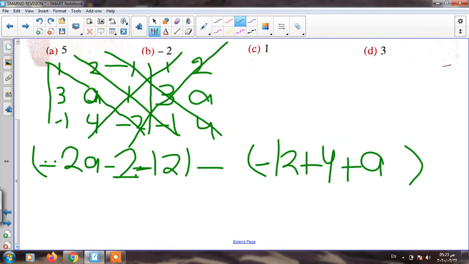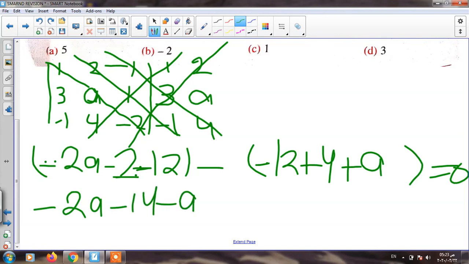So all of this equals 0. He gave it to me in the question. So here we have -2A minus 14, and here minus A. -12 plus 4 equals -8, and the plus 8 from here. It will be plus 8 equals 0.